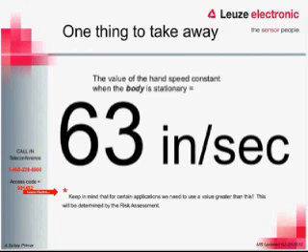This is going to be determined by the risk assessment we do before we get to this step in the process of coming up with a safe distance calculation. So there may be processes where a person is not standing stationary, and that is a situation where we need to look at using a value higher than 63 inches per second, because the 63 inches per second is calculated off of a person standing still. So if there's a person in motion, then we need to look at raising that number.